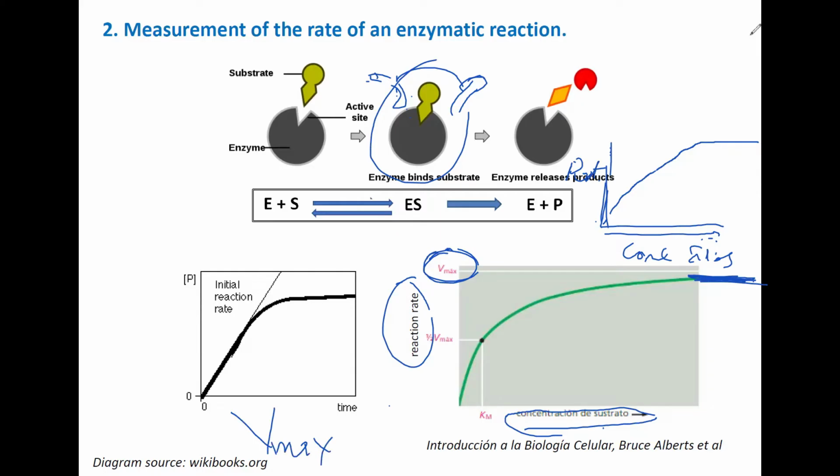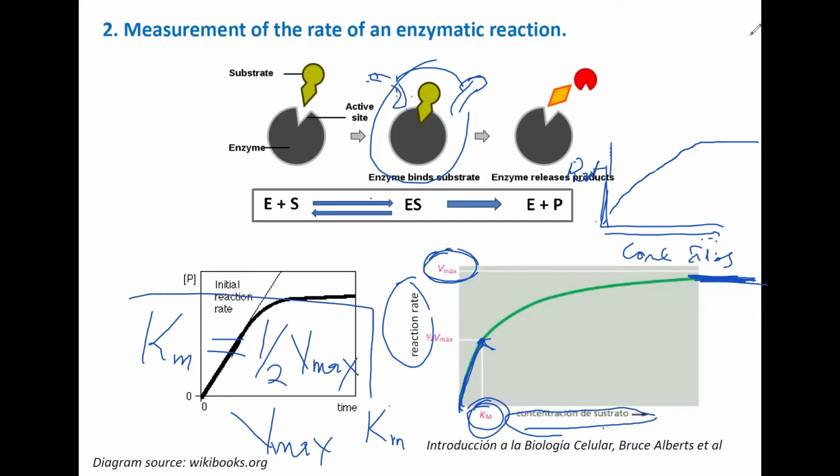And we have a stage where Km, this is Km. So you see from here, as the substrate concentration increases, of course, at this stage the activity of the enzyme, or the rate of the reaction, is also increasing. At this stage, we have Km equal to half Vmax.